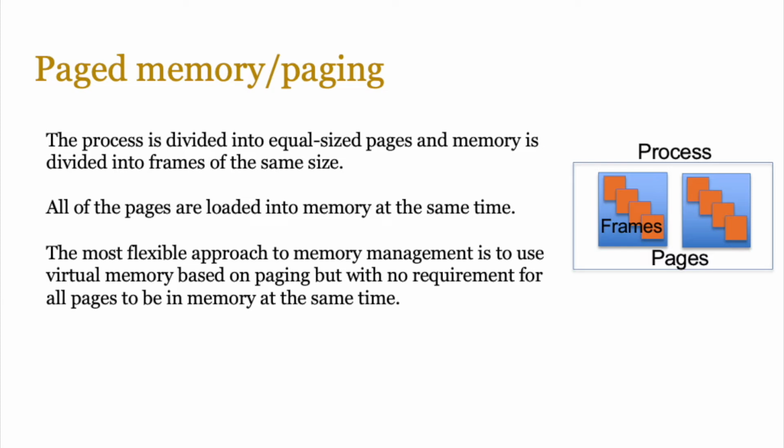The most flexible approach, though, is to use virtual memory, which means that you divide the RAM into equal size chunks, which are frames, remember that, and then you divide some space on your hard disk drive or your SSD into equal size chunks called pages. The programs or processes can also be divided into these little pages, and then they can be loaded and unloaded from RAM as necessary.